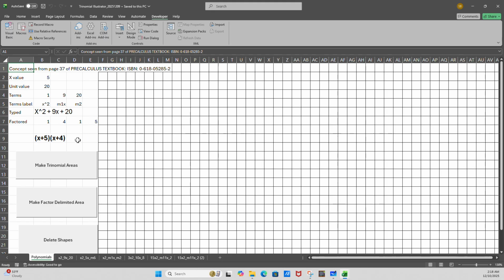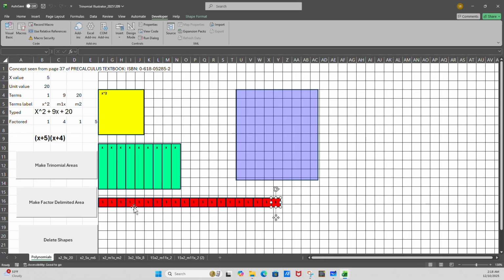So if we consider what we're factoring here, x plus 5 and x plus 4, as dimensions of something that creates area, like this right here. If we consider each column and each row approximately 1 unit across, and we pick an x value of 5, for example, and we make these other shapes, since x is 5 here, this is x squared, right?